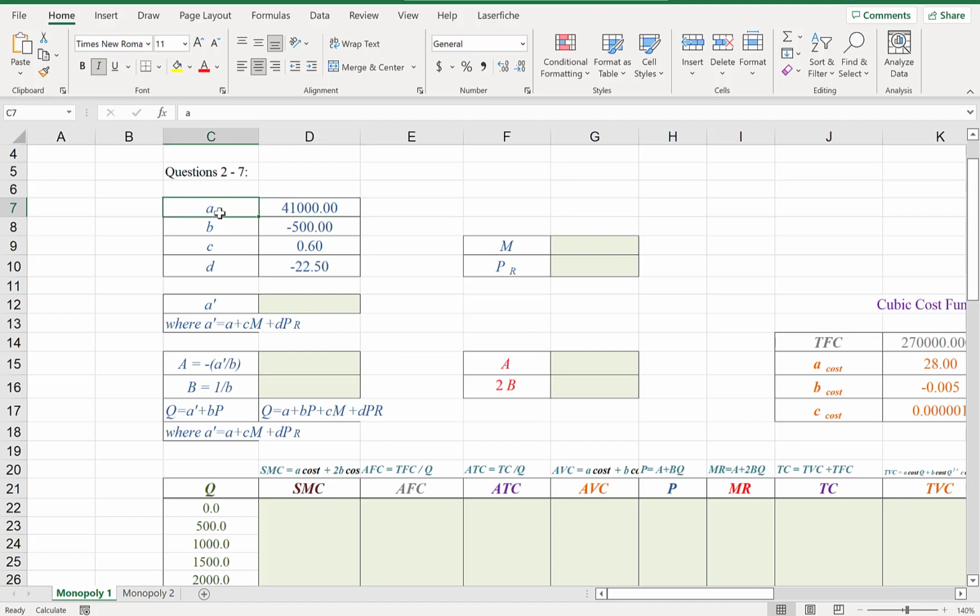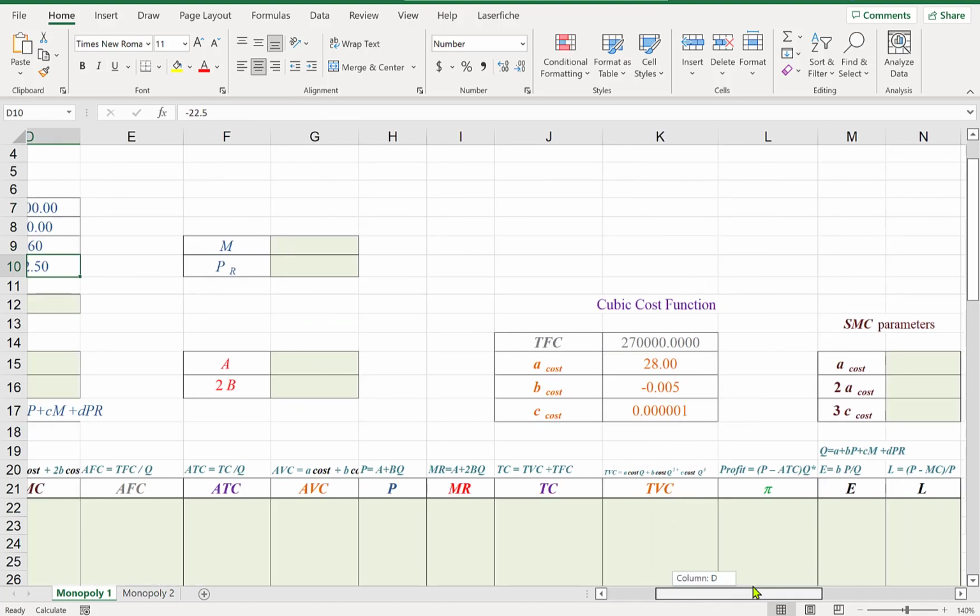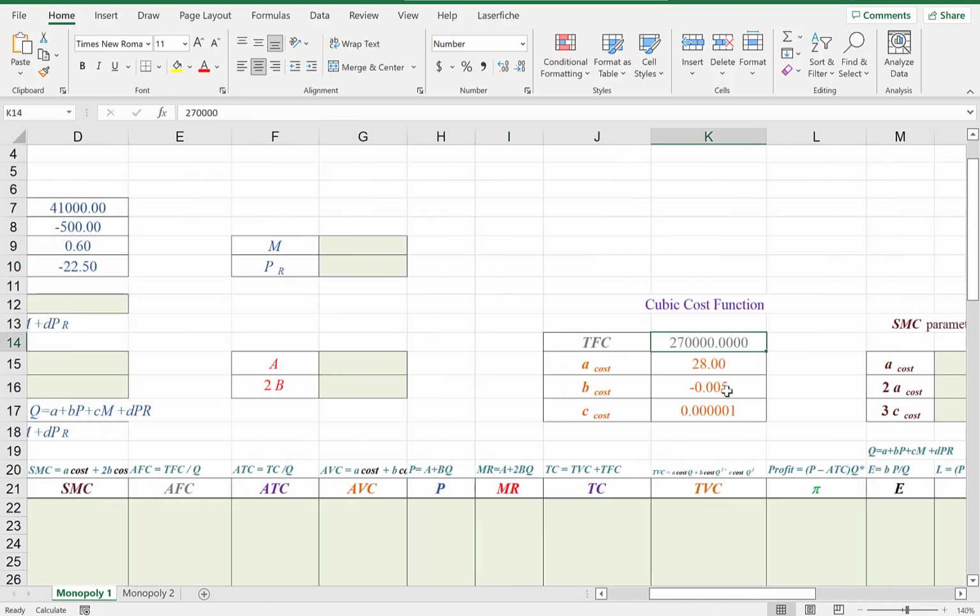So I filled in this, prepared it. A is given 41,000, B is negative 500, C 0.6, D negative 22.5. What else are we given? We are given the total fixed cost. All right, so you have A cost, B cost, C cost.